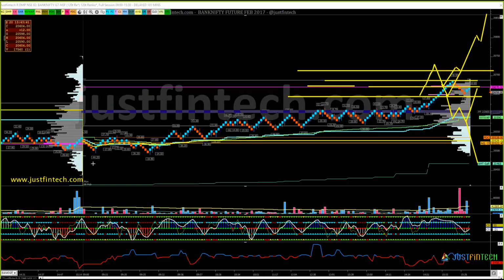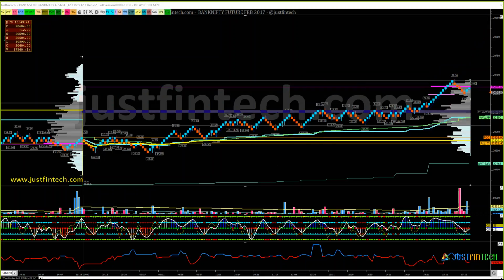Any acceptance below that would make it go further down. So that is what I'm expecting for Bank Nifty for today.